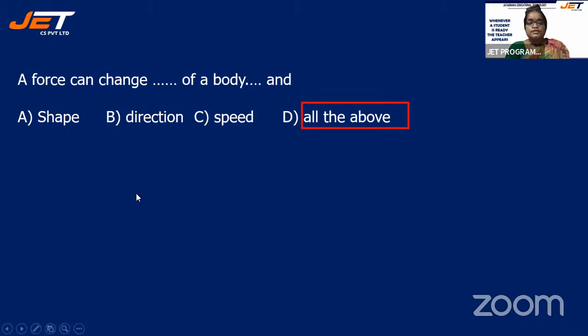Right? Let us see. It is option B and yes, it is all the above. That is shape, direction, and speed. Sometimes force can change the shape also, depending on the material we are using.